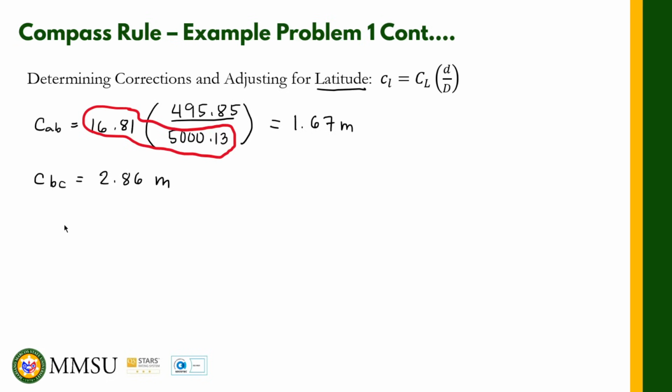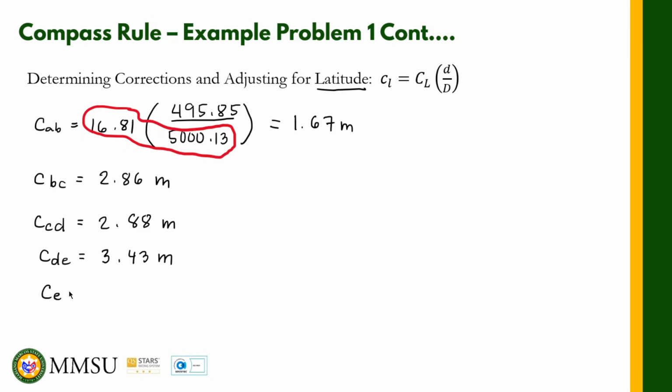For the correction CD, A times the distance of CD na 855.45. So we have 2.88 meters. For the correction DE, yung A natin kanina times 1020.87 will come up with 3.43 meters.